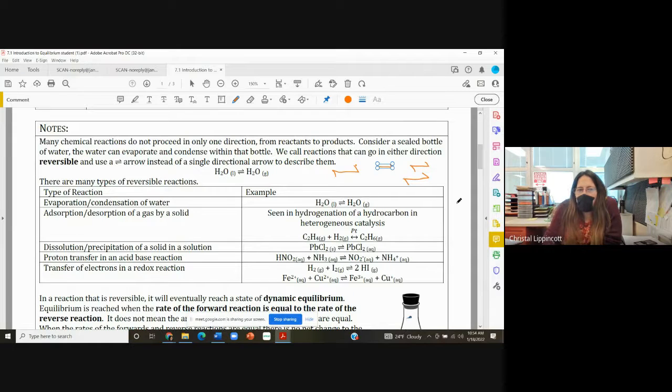It's like that. So examples of this would be evaporation and condensation of water. That's reversible. Adsorption and desorption of gas by a solid, and that's going to be reversible. You'll also see it drawn like this sometimes, depending on what software people are using.